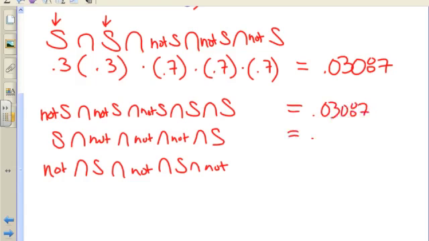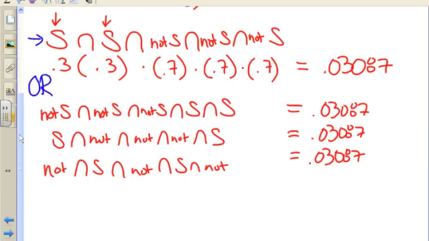That's right. Every time I arrange it, I'm going to get the same number. That's true. The problem is, all of these arrangements give me what I want. So I could do it this way, or this way, or this way. Or means add. So I would have to add all of these together.